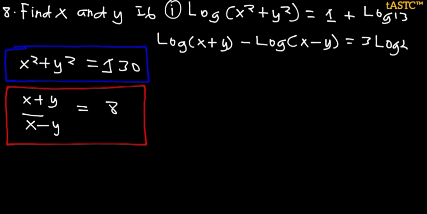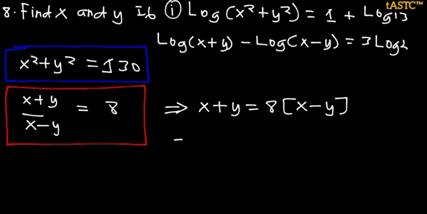So what is going to be the first step? What would I do to solve this? The first thing you're going to do is take this part and have x minus y get cross multiplied to the 8. This will be x plus y, and here you're going to have 8 multiplied by (x minus y), which gives 8x minus 8y.